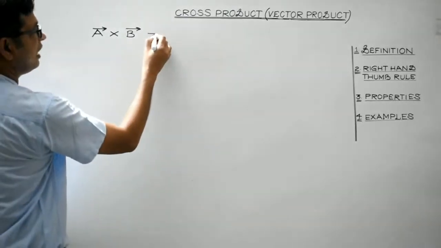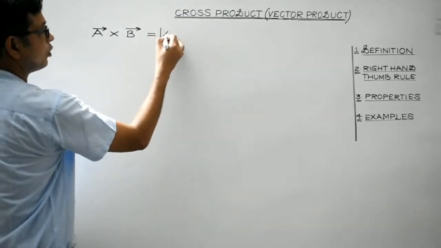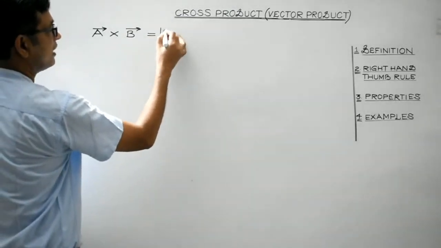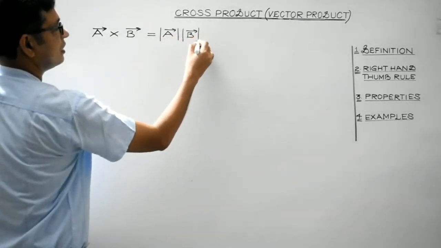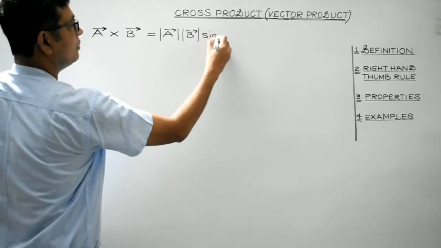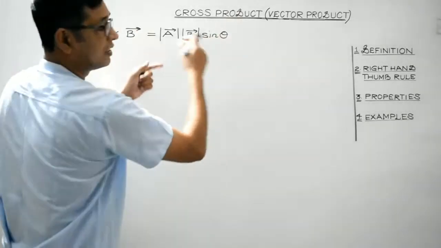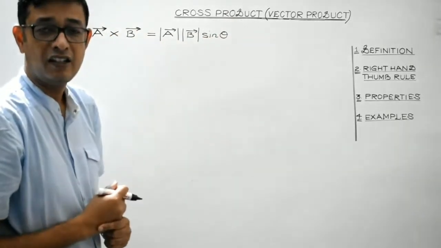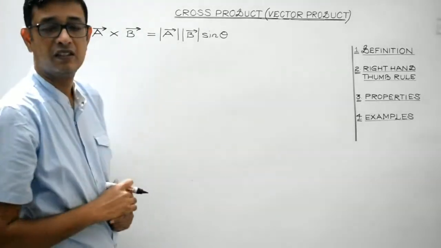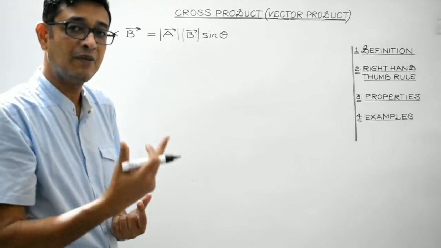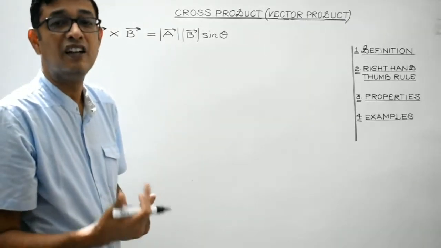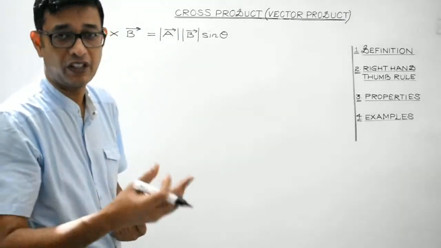Students, it is defined as the product of the magnitude of the two vectors and the sine of the smaller angle between them. This will give its magnitude, and the direction of A cross B is perpendicular to the plane containing A vector and B vector, and that is given by the right hand thumb rule, which we will discuss.